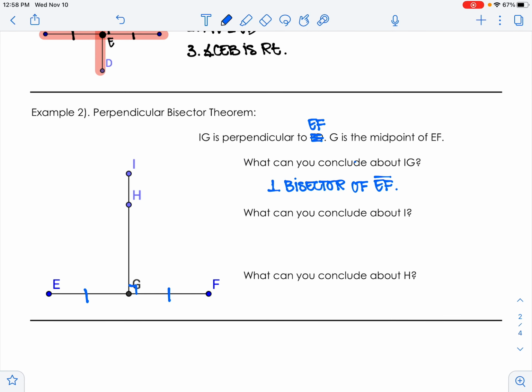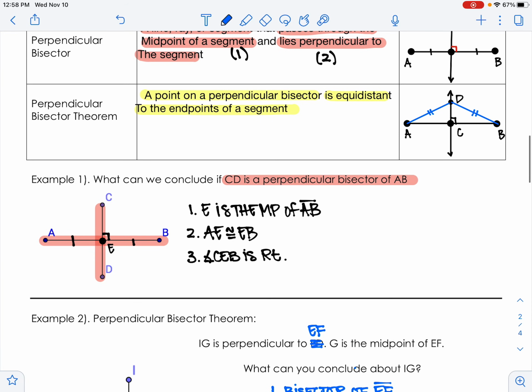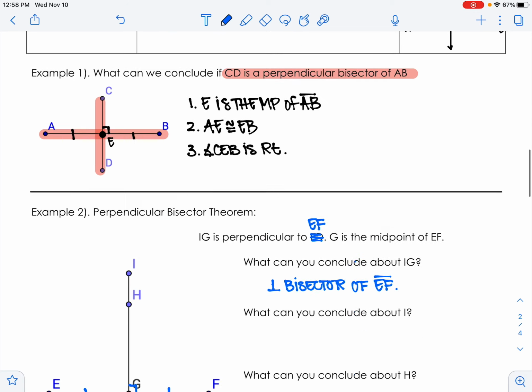So here we go. Let's start with the point I. What can you conclude about point I? Now I is a point on the perpendicular bisector, which means that, going back up here, it has to be equidistant to the endpoints of the segment.